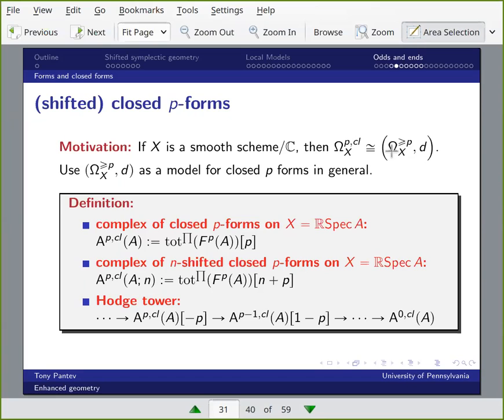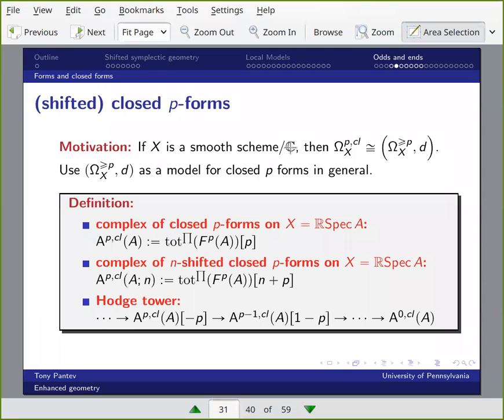It has a kernel in the first term, and the kernel in the first term are the closed P-forms. So the stupidly truncated de Rham complex, which is the P-th step in the Hodge filtration on the de Rham complex, is quasi-isomorphic to the closed P-forms on a smooth variety.